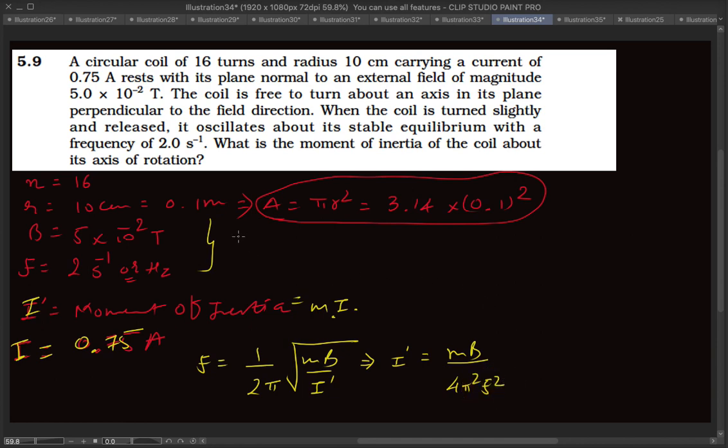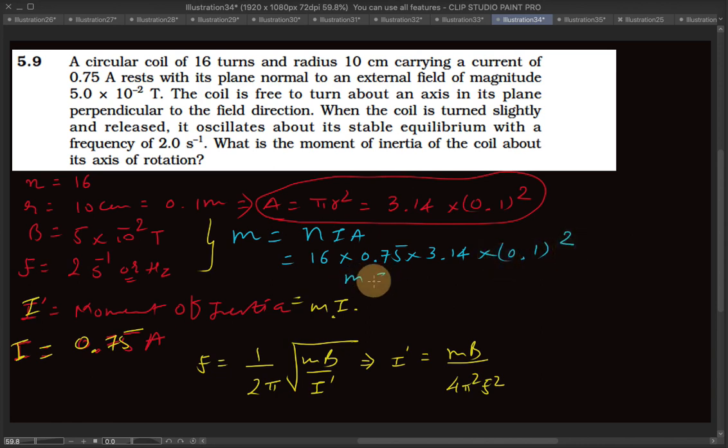Now I will find my magnetic dipole moment, that is M. So I am using this notation and finding my M, that is NIA. My number of turns is 16, my current equals 0.75, and my area is 3.14 cross 0.1 square.